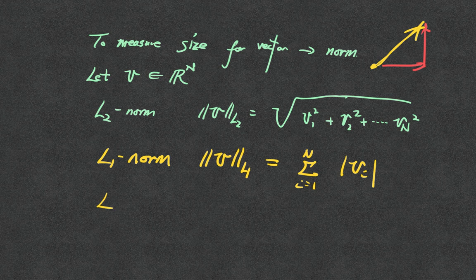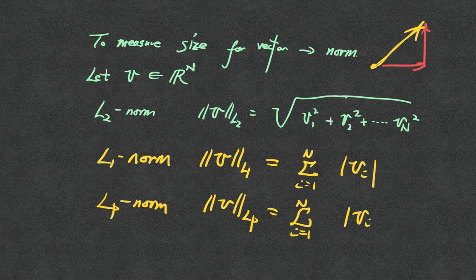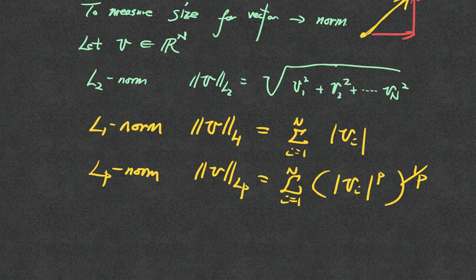And then there's another norm, the P norm, or the LP norm. It's just a generalization of these two special cases, except that now I raise each component to the power P, and then take the root with respect to 1 divided by P. Does that make sense?